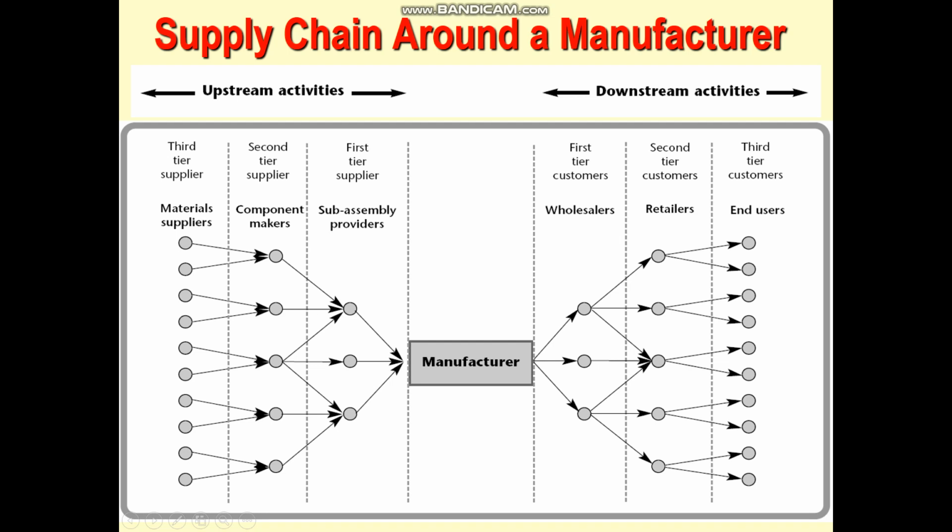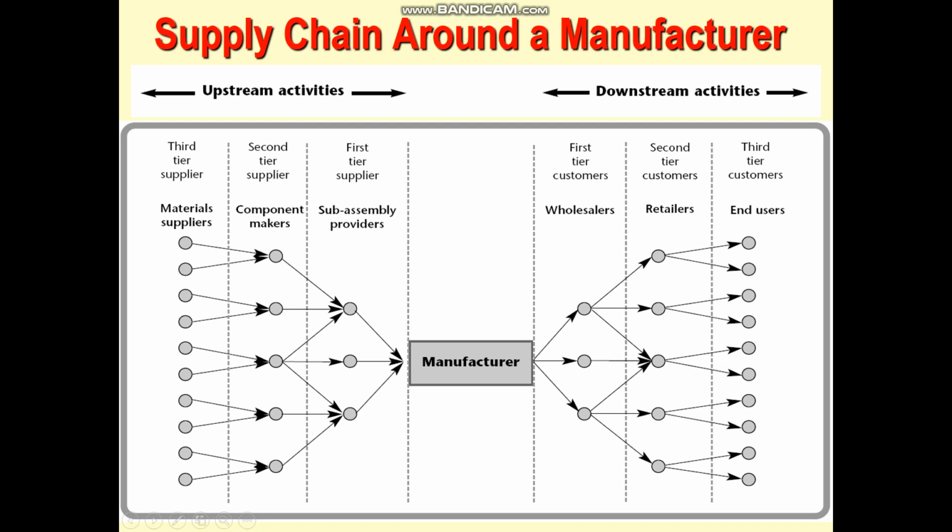Then after that, they deliver the sub-assembly products to the manufacturer. Then the manufacturer will operate and finish and make the finished products, and after that they deliver the finished products to the first tier customer, that are wholesalers.